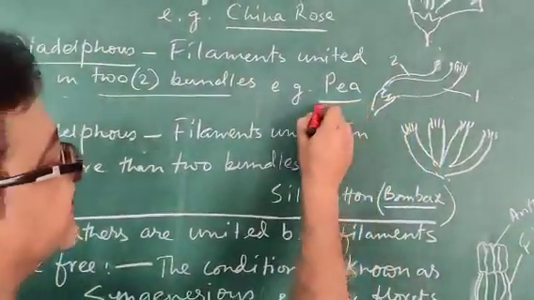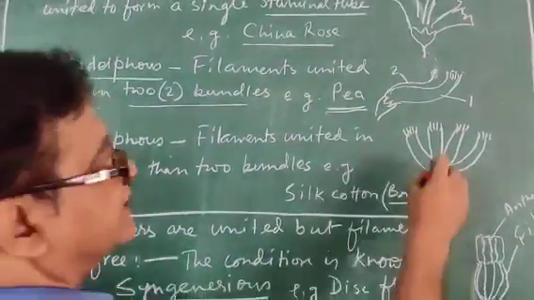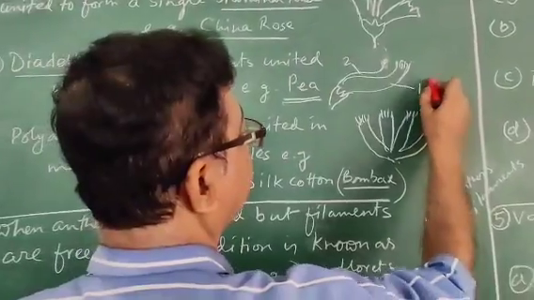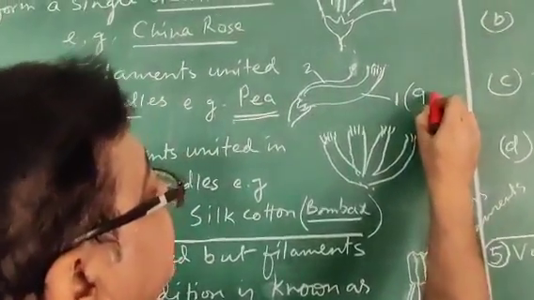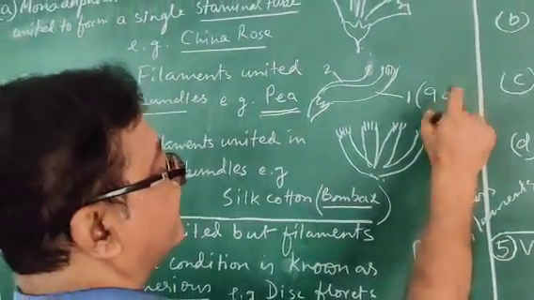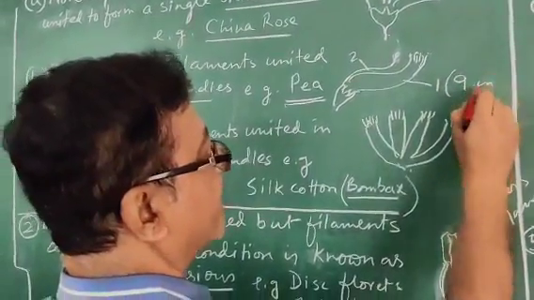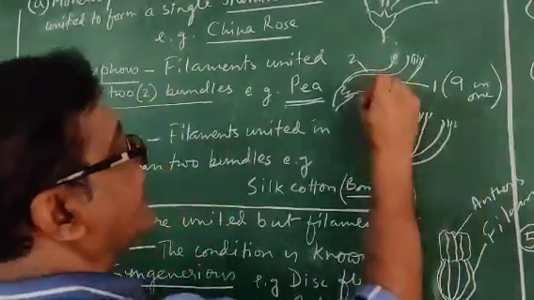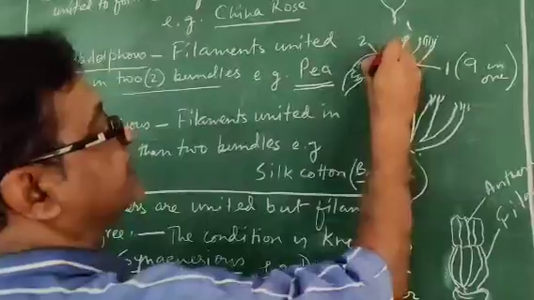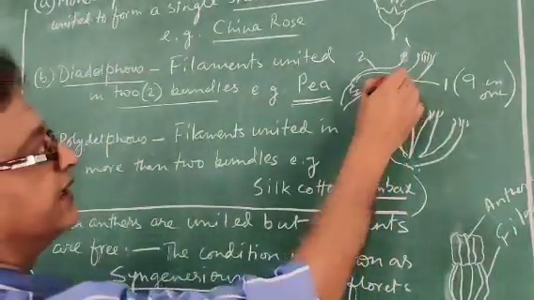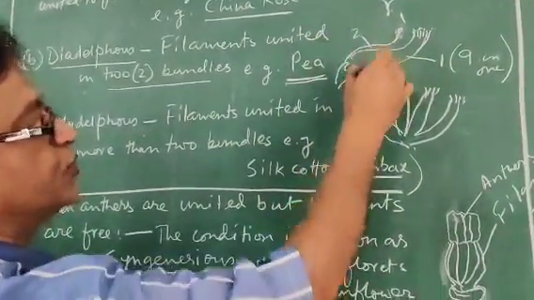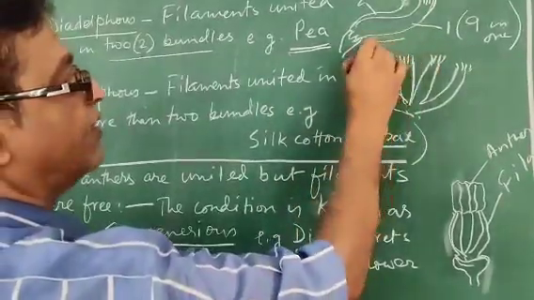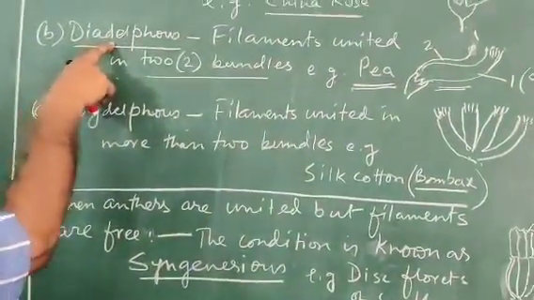The example is pea, where the two bundles are forming 9 in one group and 1 separate. That means two groups.